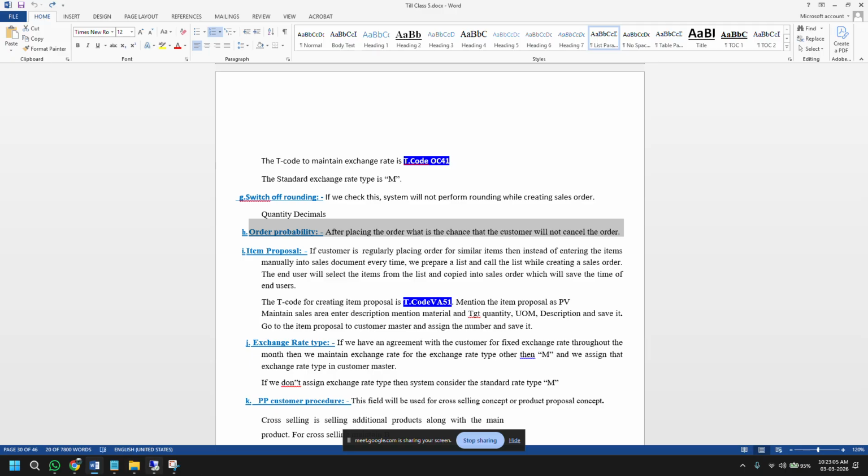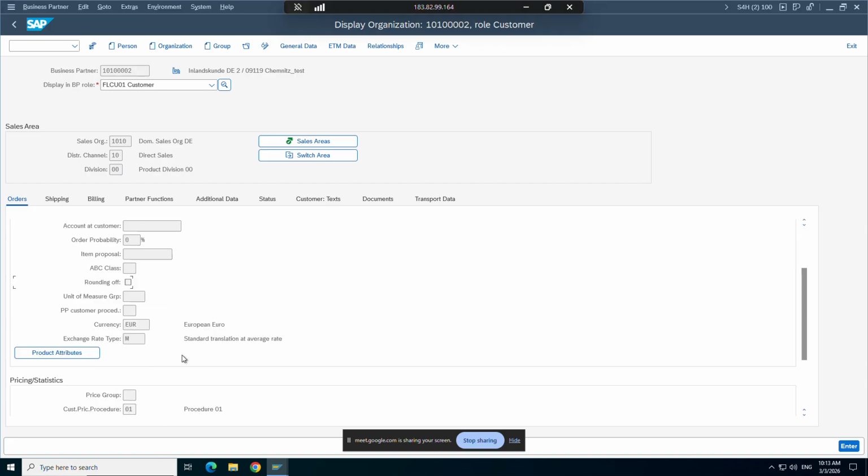Now this is item proposal. Let's say there is a customer who is always coming and buying the same 10 materials.